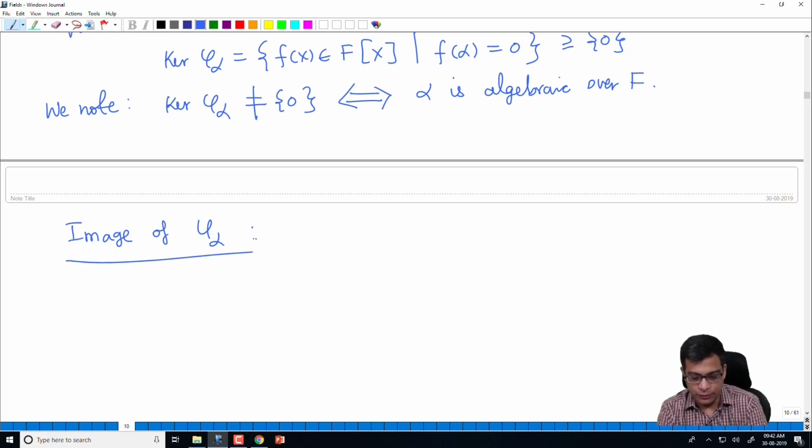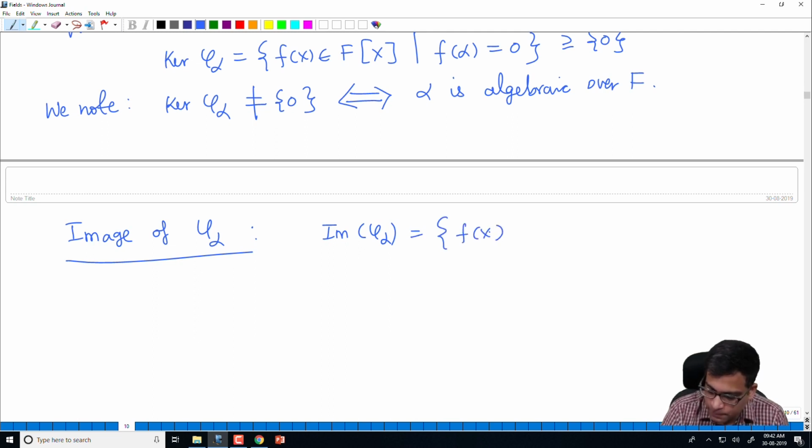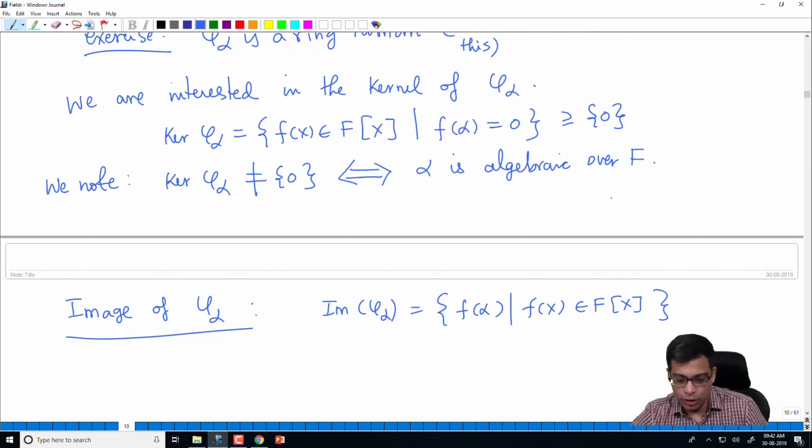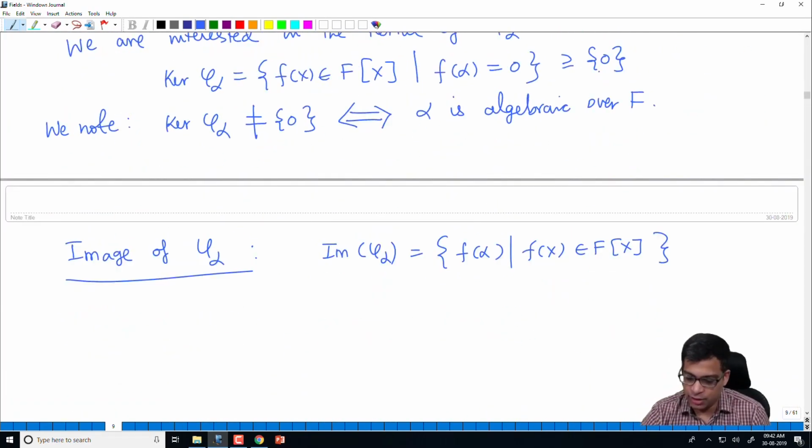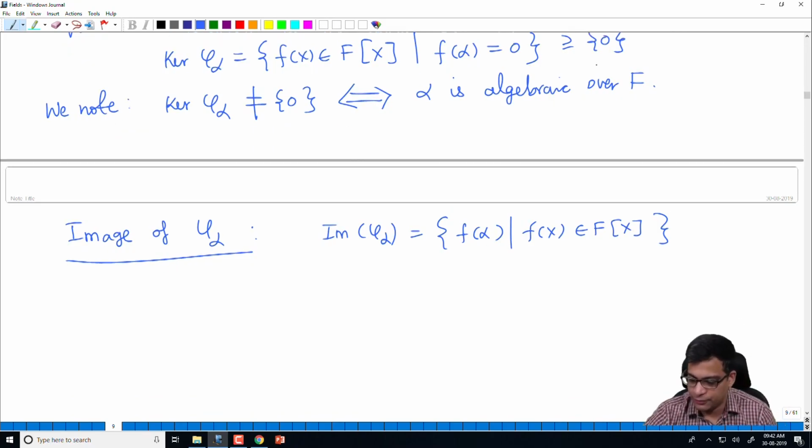The image of phi alpha is all elements of this form. I am just formally writing this. Because phi alpha sends f(x) to f(alpha), if you take f(alpha) and vary f(x) in F[x], you get the image.